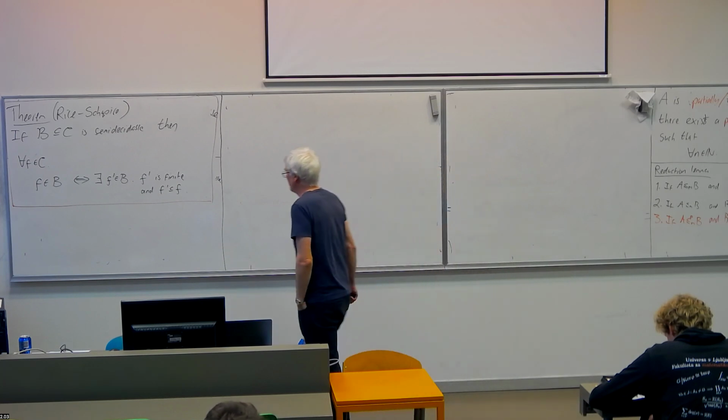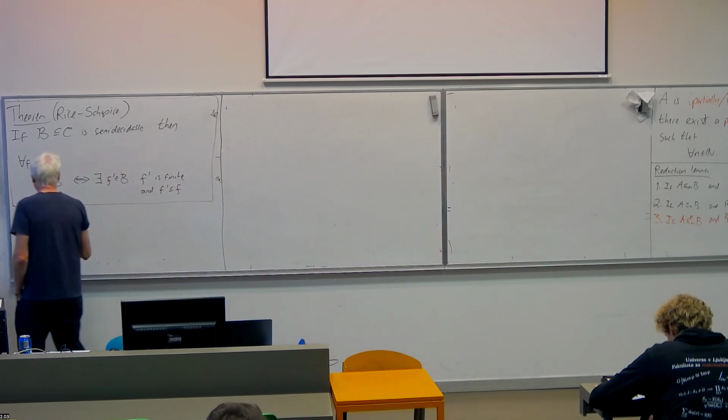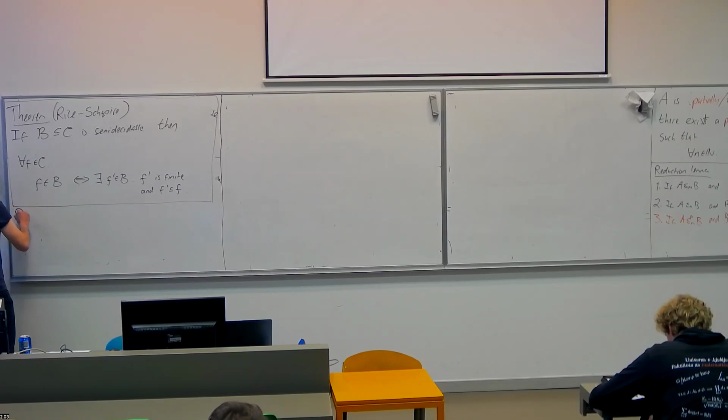which are now rubbed off the board, but we can remember what they are. Specifically, what we're going to do in the proof, and I just started here to get the basic outline going, is so we've got a B, which is a subset of C, and what we'll show is that if either of the implications of this if and only if fails, then it cannot be the case that B is semi-decidable.